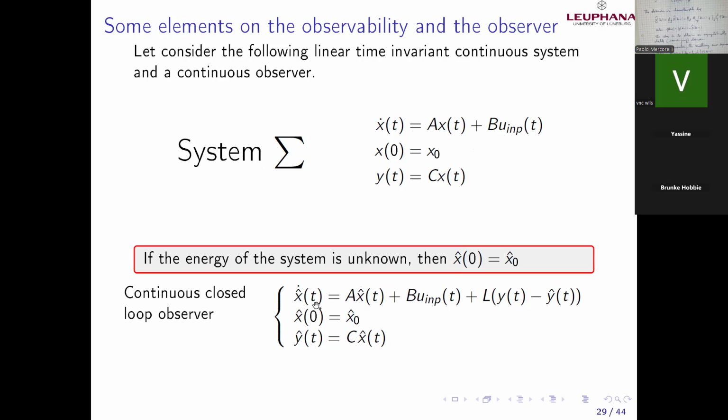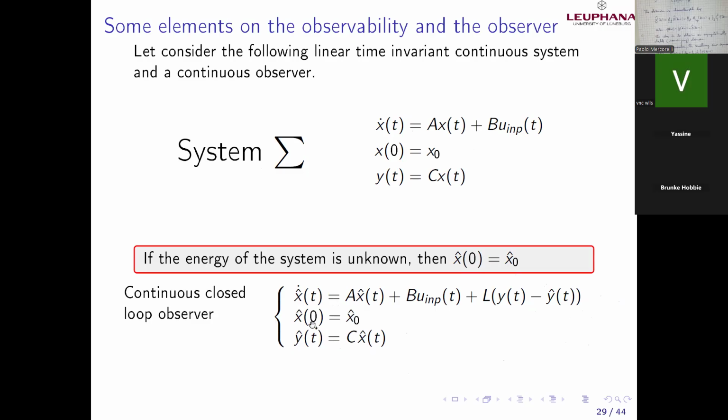Here is the observer. We can see that we have a hat instead of x, and we have this element here. In any case, we have something different. But really, this hat basically depends on the fact that I don't know exactly the initial condition.